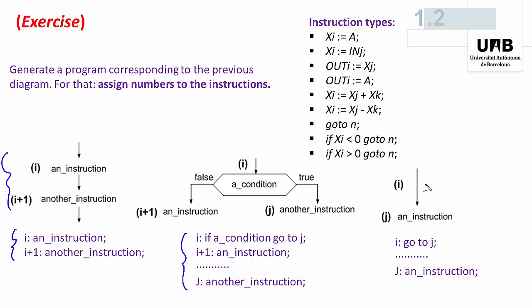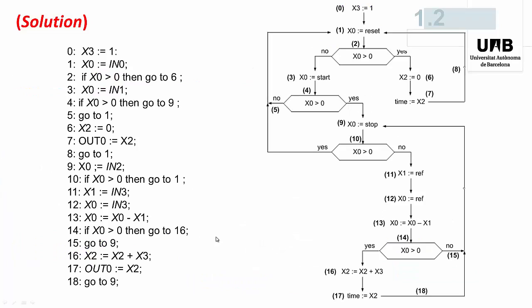Finally, sometimes we will have to add some jump instruction, like this one, instruction number I, go to J, with this corresponding piece of program. This is a possible solution, and you can check that the instruction number assignment is correct. So this is the resulting program.